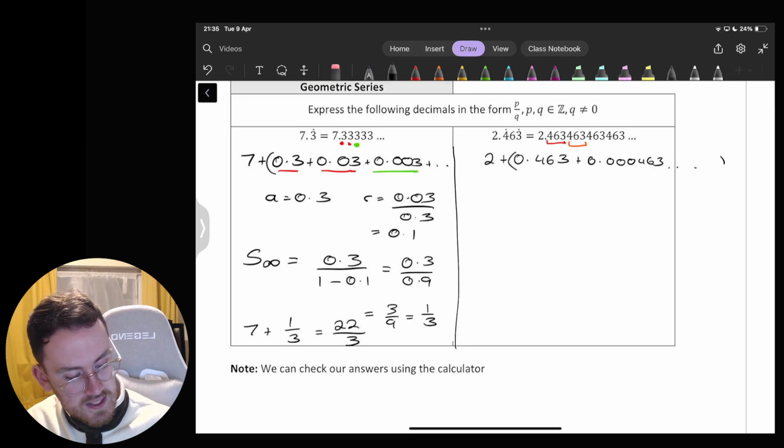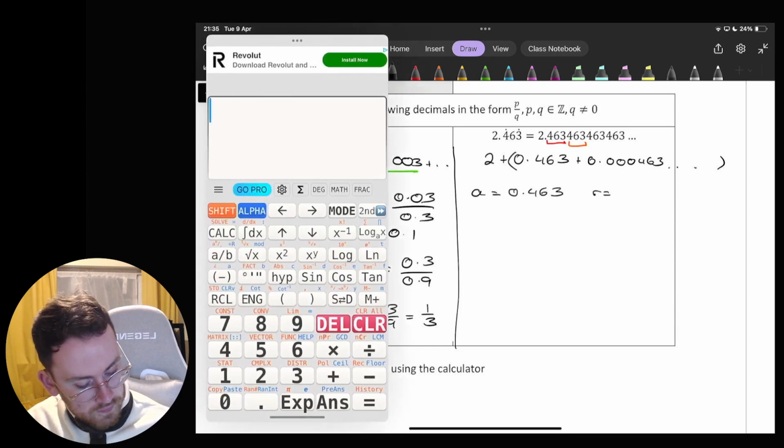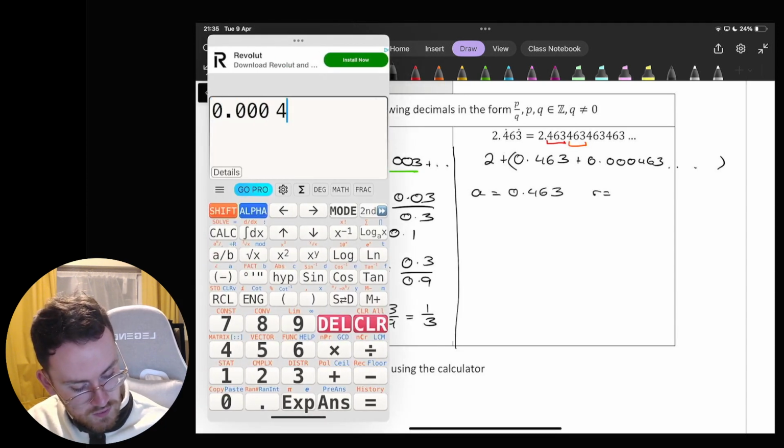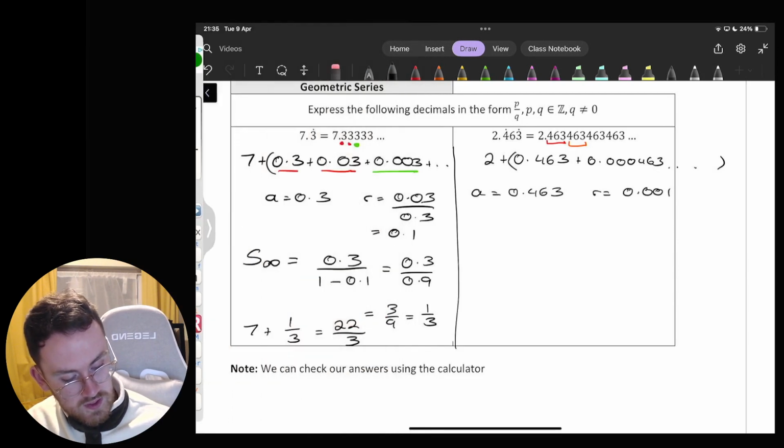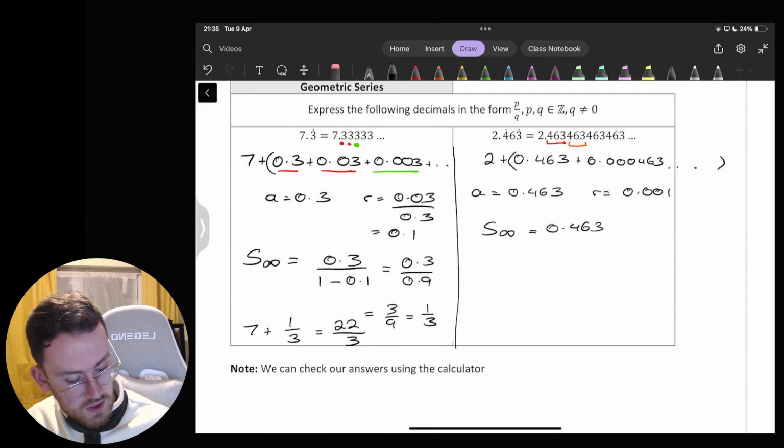So we're looking at same idea again, infinite series, first term 0.463, ratio 0.000463 divided by 0.463, which is 0.001, or 1 over 1,000. So my sum to infinity is 0.463 over 1 minus 0.001.